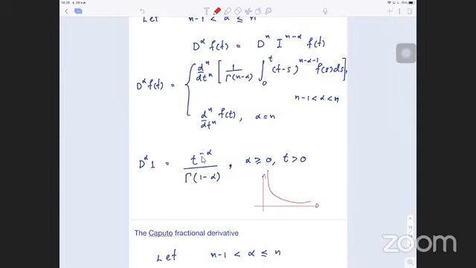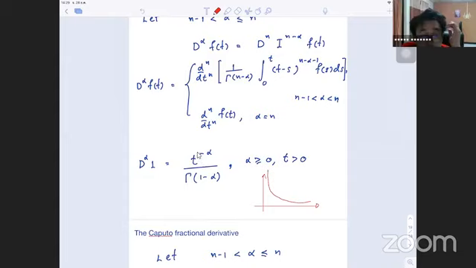And it is only defined for t positive. At t equals 0, you don't have the derivative, right? Yes, you're right.